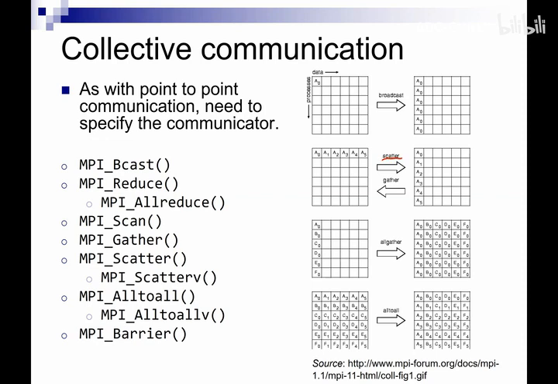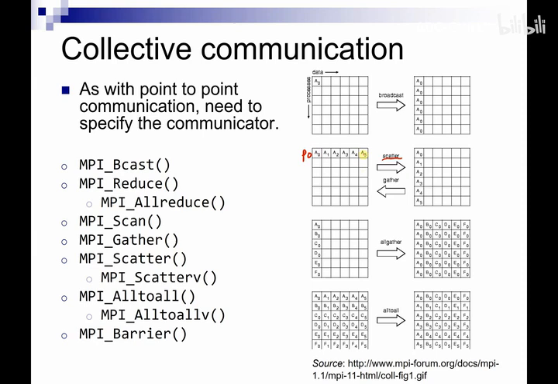The scatter operation is something similar to a broadcast. The similarity is that, again, you have one process, let's say P0 over here, and that process is sending data to all of the other processes. But the difference is that for scatter, this process has a different piece of data for every other process.